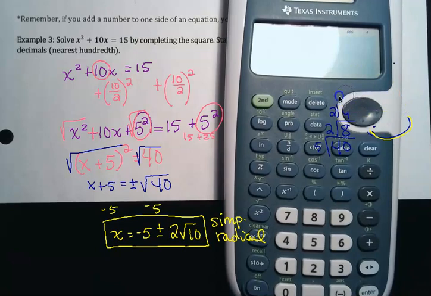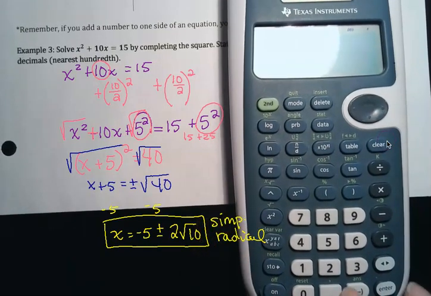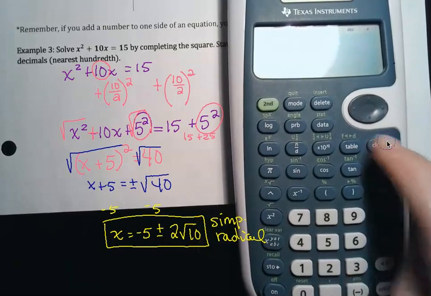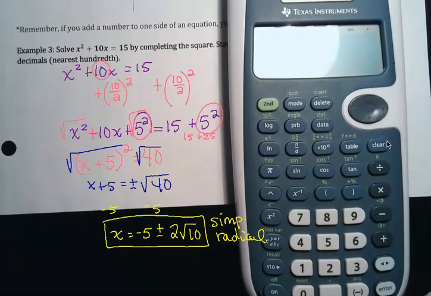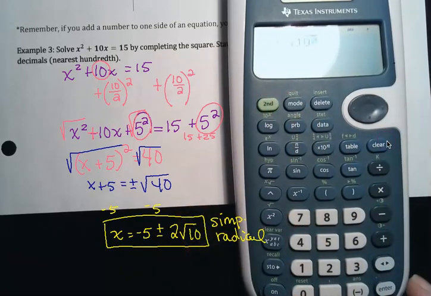I'm a little faster there than with my pen. Okay, so we need to put in the negative 5, plus we're going to add 2 times the square root of 10.